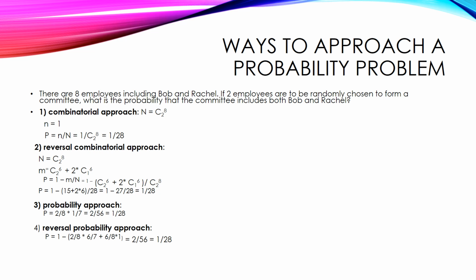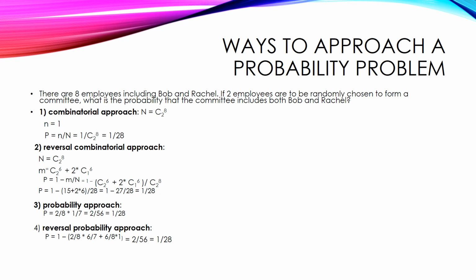P is equal to 1 minus m by n is equal to 1 minus (6C2 plus 2 into 6C1) by 8C2. P is equal to 1 minus (15 plus 2 into 6) by 28 is equal to 1 minus 27 by 28 is equal to 1 by 28.